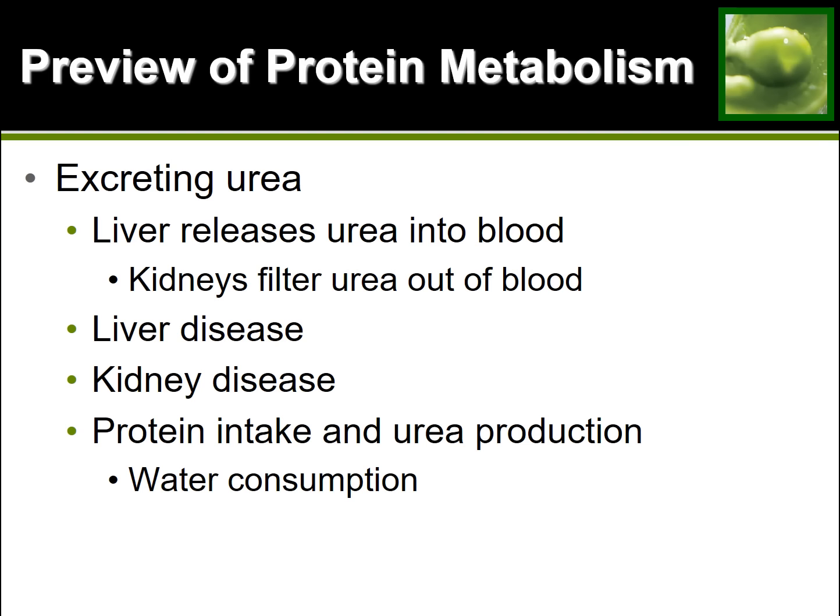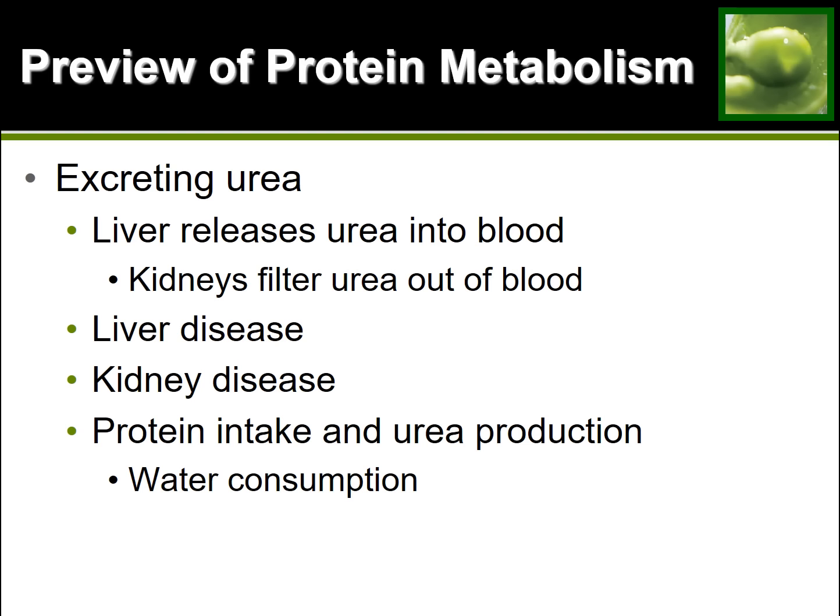Now, let's say that we looked at somebody's bloodstream and they had a buildup of ammonia. That would tell us that there is some kind of liver dysfunction going on, because the liver should be converting ammonia into urea. If we instead have a buildup of ammonia, that means the liver didn't do its job of converting it into urea.